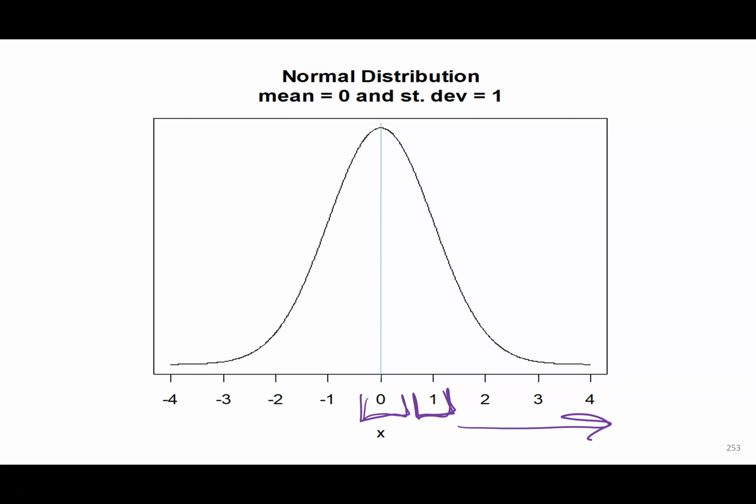The further this way you get, the higher than average you get. Similar this way, but with negative. So if I got a z-score of -1, that means I'm a standard deviation below the average. 2 standard deviations below the average. So the bigger that number gets in the negative direction, the more lower than average you get.